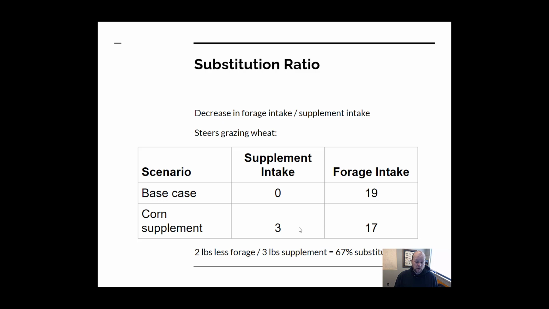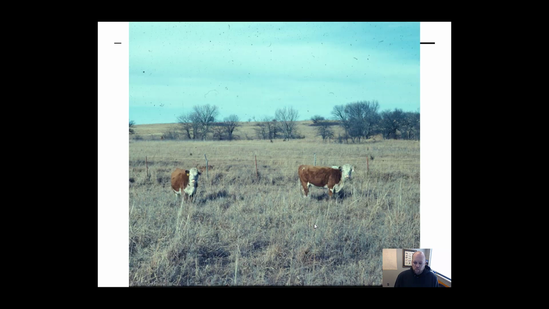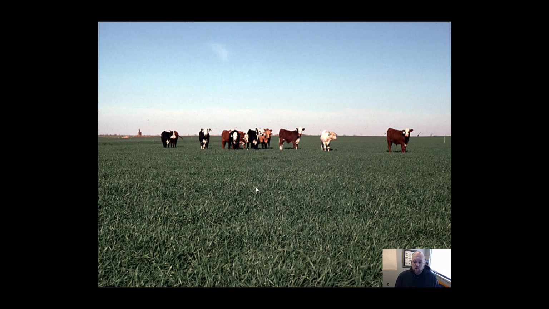This is a scenario where we might save the wheat pasture, stretch it out, and reduce the grazing demand on it. So I'm going to go back to this scenario on wheat pasture.